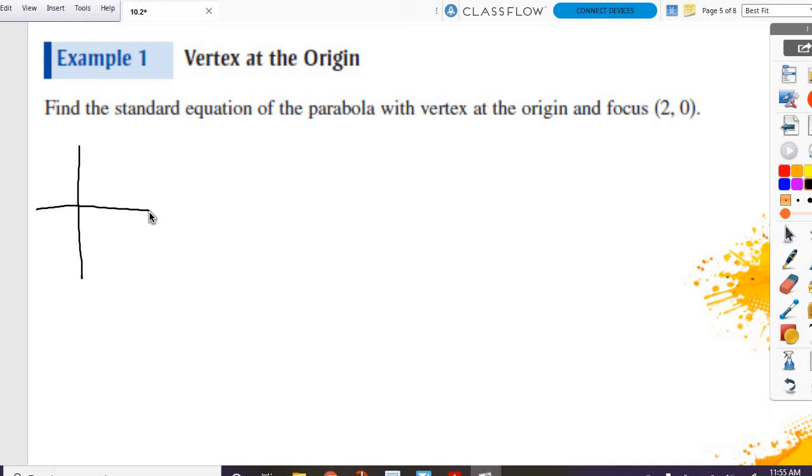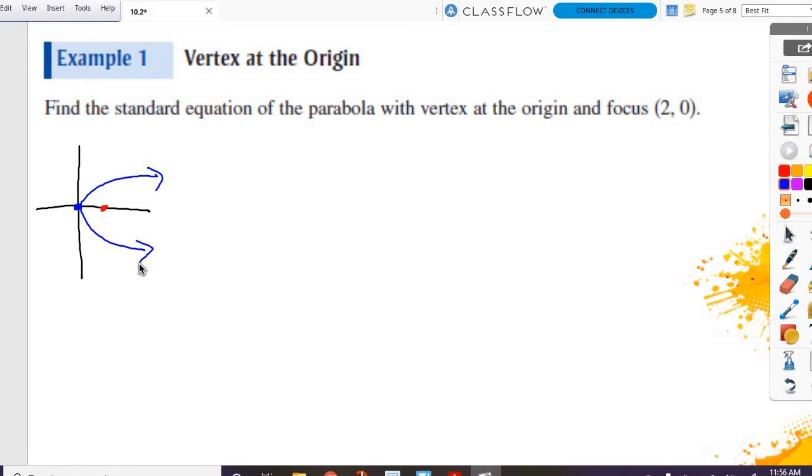So they tell us that our vertex is at the origin, and our focus is at 2, 0. So which direction from my vertex is my focus? To the right. So which direction is my parabola going to have to open? To the right, because my focus has to be on the inside of my parabola.